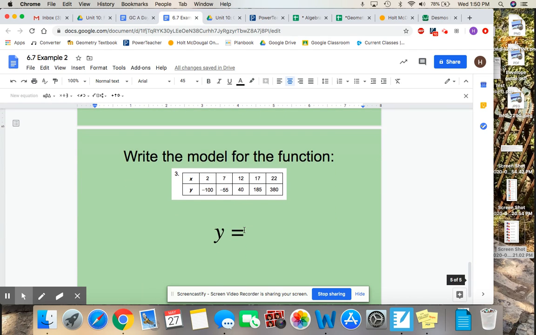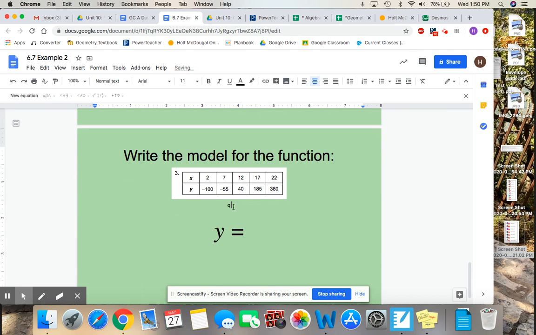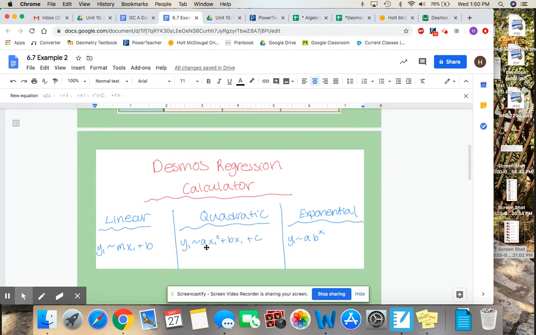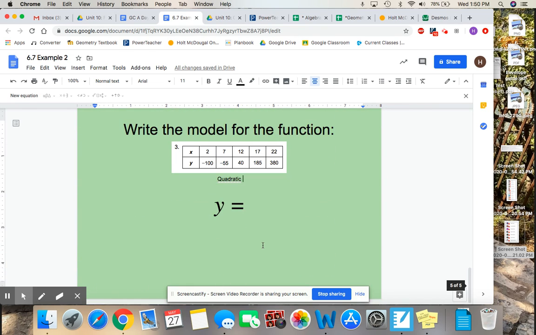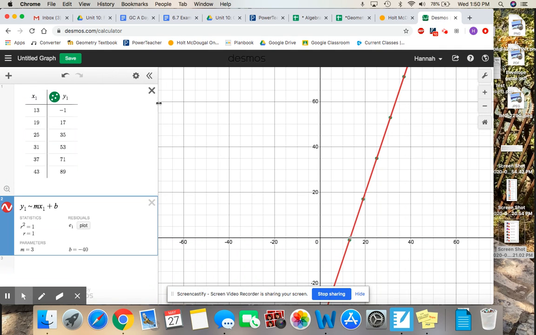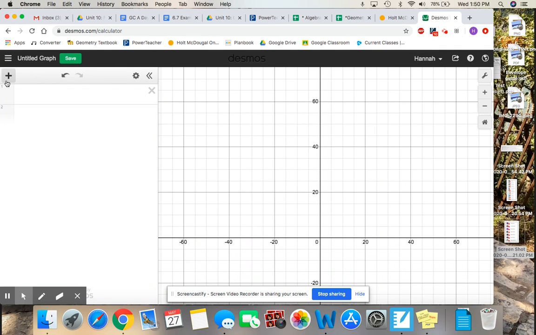And our last one, so this one was quadratic. So we are going to use the quadratic regression. So ax squared plus bx plus c. All right, and we're going to go back to Desmos and type in our data. So clear out everything that was there, add my table.